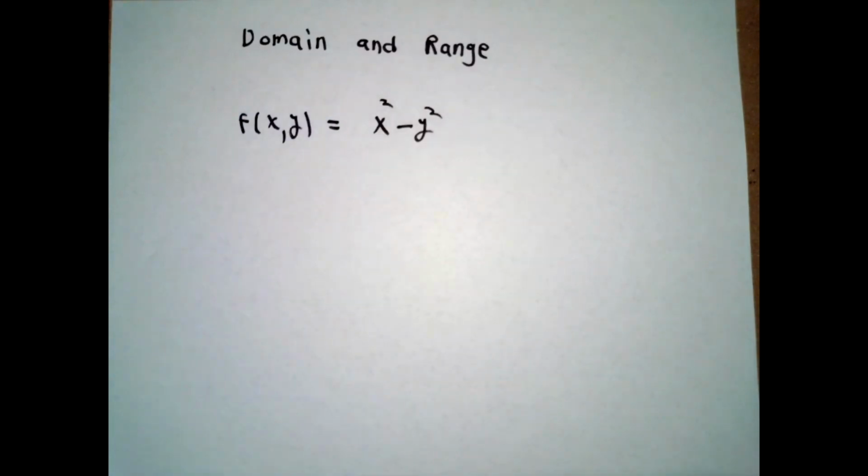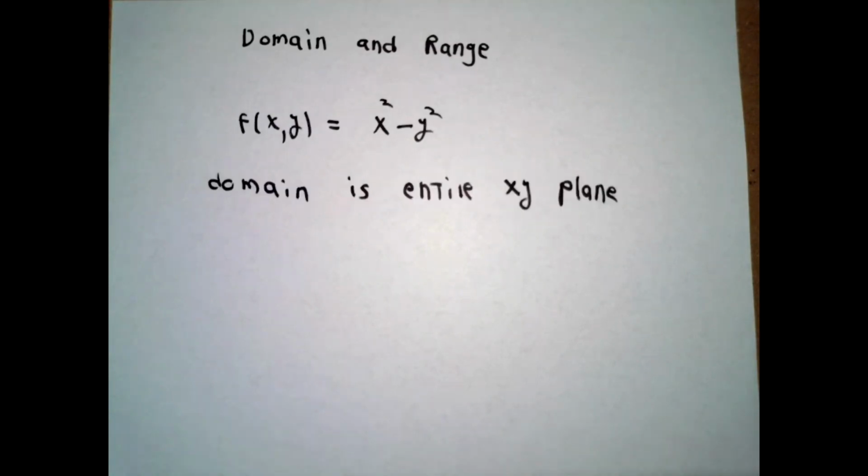Usually determining the range is harder, but in this particular case it's easy. If x and y were both 0, the function value would be 0. If I only think of points that are on the x-axis, the y-coordinate would be 0. My function value would just be the square of the x-coordinate. I can make that number equal to any positive number that I feel like.